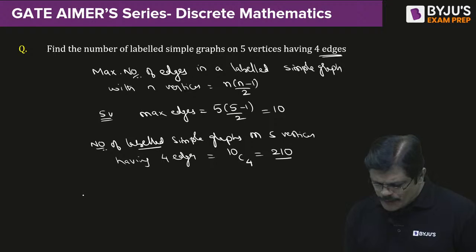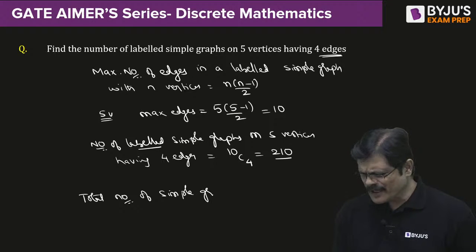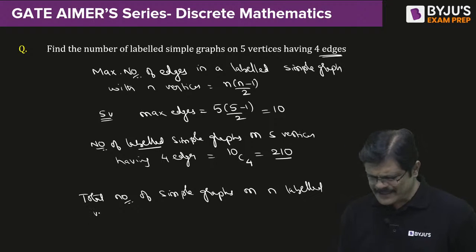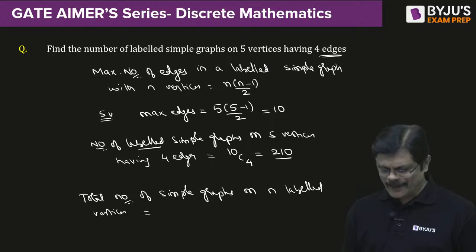See, if you want the total number of simple graphs on n labeled vertices, that's what I am trying to tell you here.